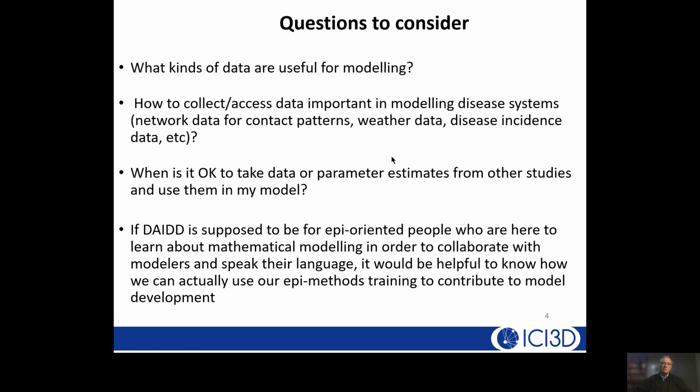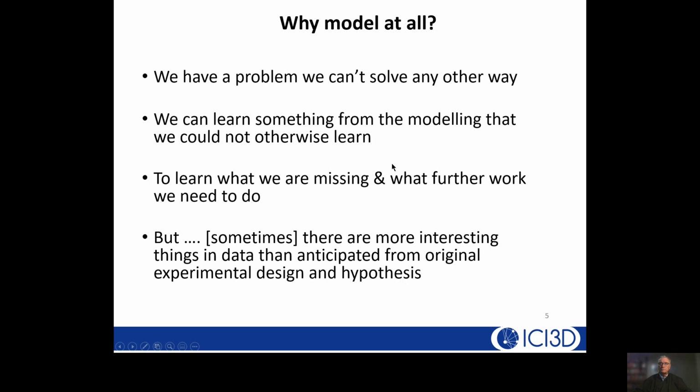We will think about that as well. And finally, for epi-orientated people who are here to learn about mathematical modeling in order to collaborate with modelers and speak their language, it would be helpful to know how we can actually use our epi methods training to contribute to the model development. Well, I hope by the end of this talk, we'll be able to answer those questions, but we'll just bear them in mind as we go along.